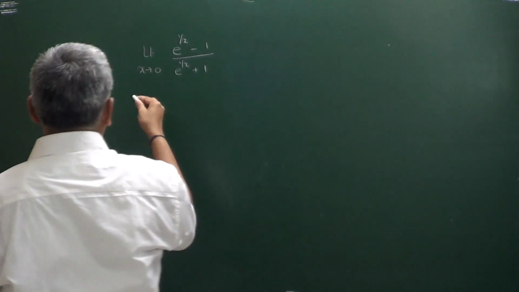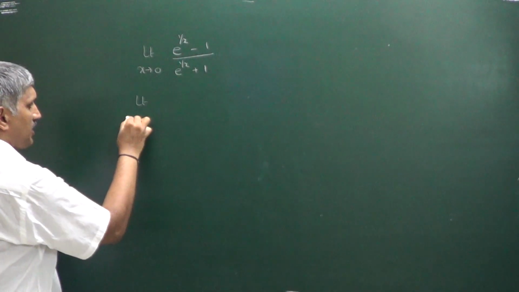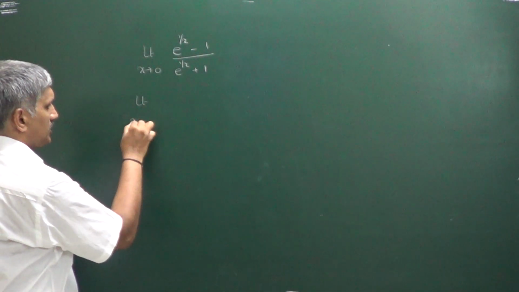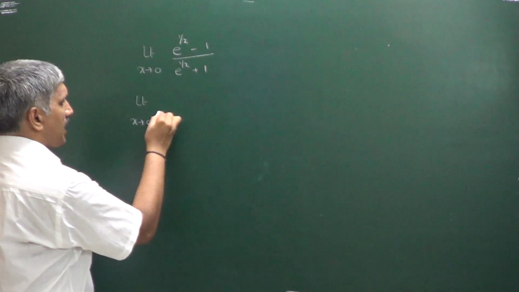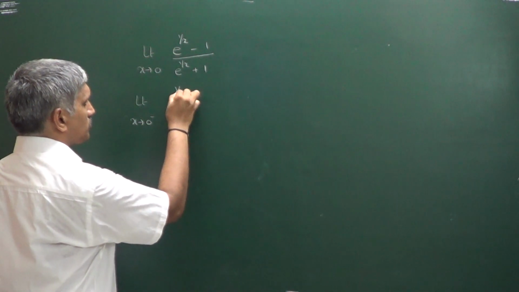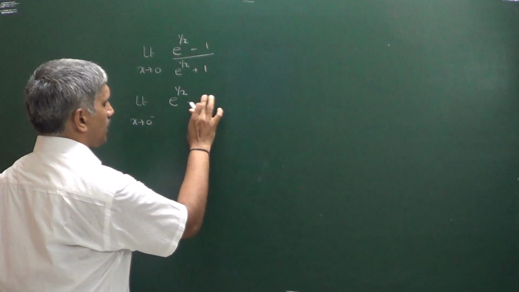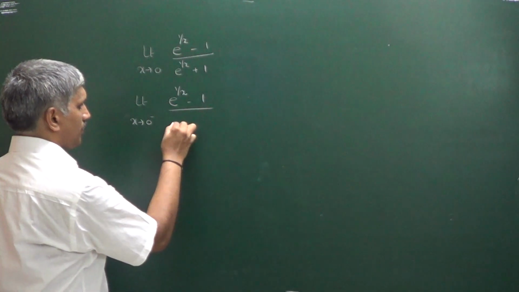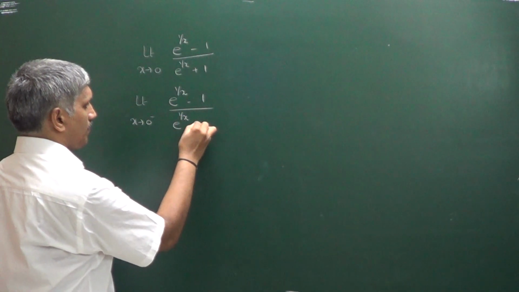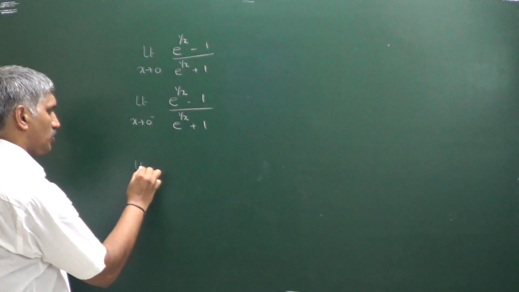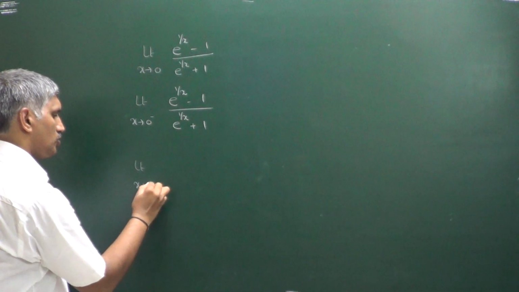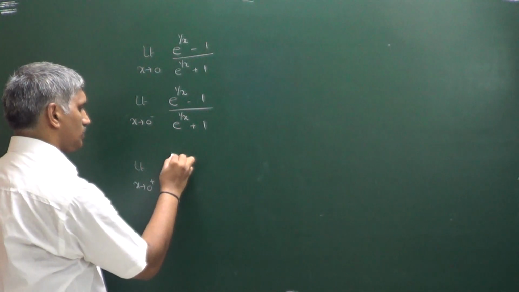So here what I am doing is, this can be written as limit x tends to 0 minus, we have to find out, and also we have to find out limit x tends to 0 plus f of x also.